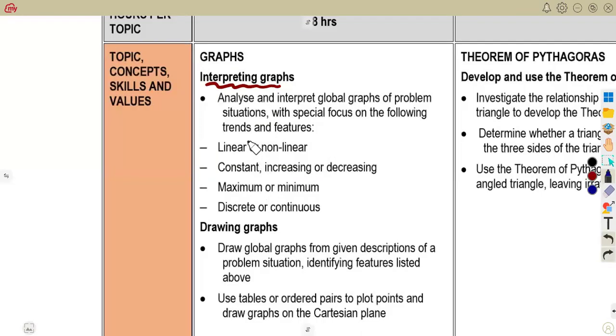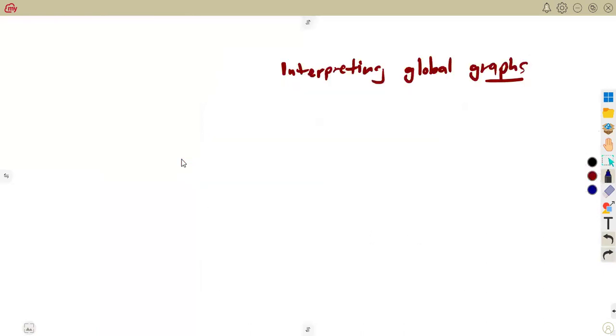So let's start with this part of being linear or non-linear. What is it that you are supposed to consider there when you are to interpret a graph? A graph is being linear, or we are referring to a condition which is non-linear.